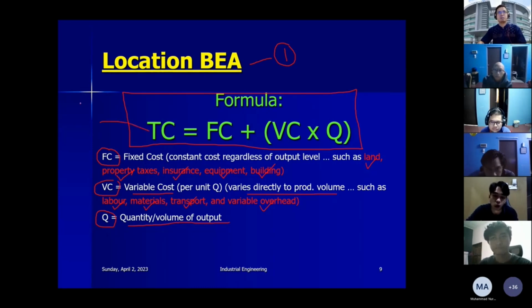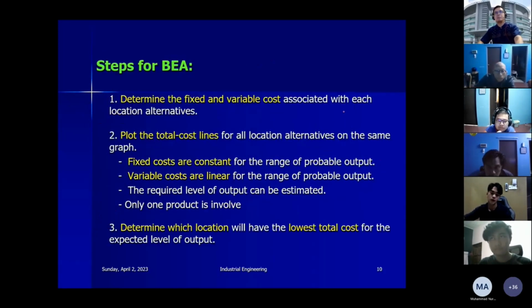TC is the total cost, right? Please copy down total cost and remember the formula. The total cost equals FC plus VC times Q. Very simple.